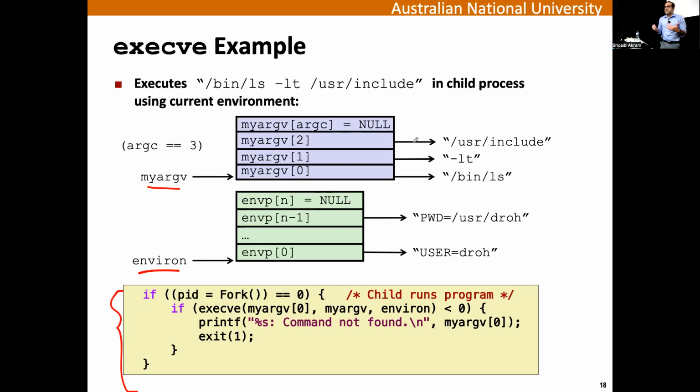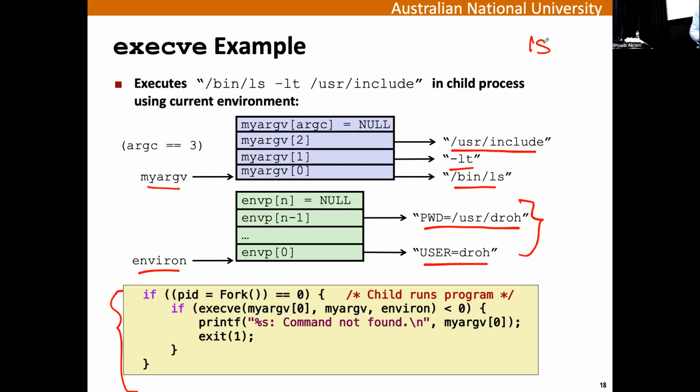We create all these arrays of pointers and we set them to these values, bin ls, and these are the environment variables. Okay, has anyone seen ls before? All right, so ls is a shell command that is used to list all the files in the current directory.